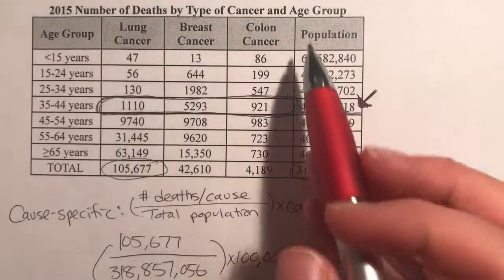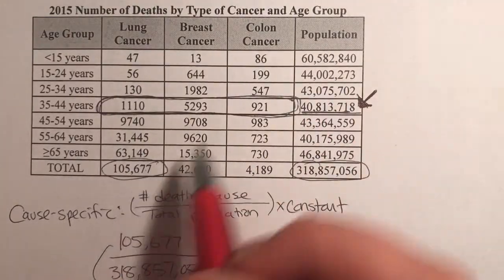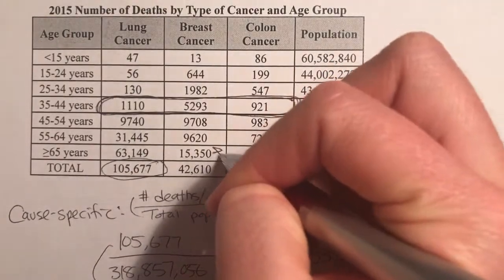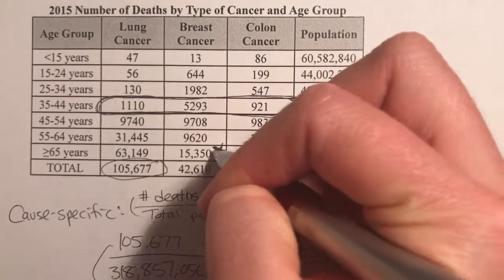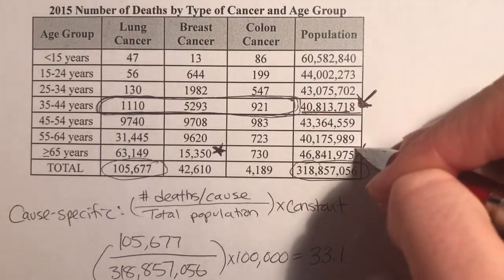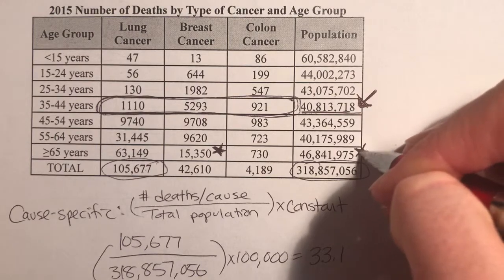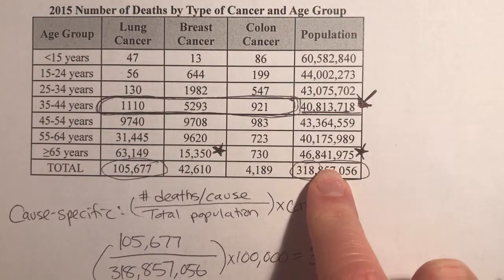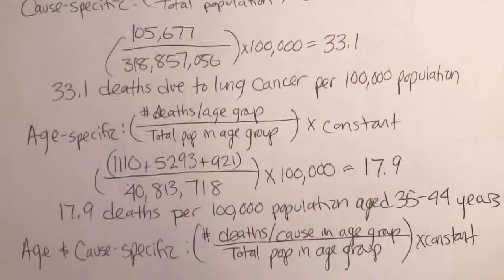So for breast cancer, for those over the age of 65, I'm going to put a little star here. We have that 15,350. And then our denominator becomes just the total population in that age group at the 46 million.